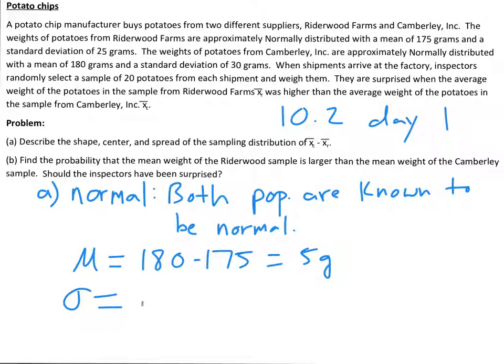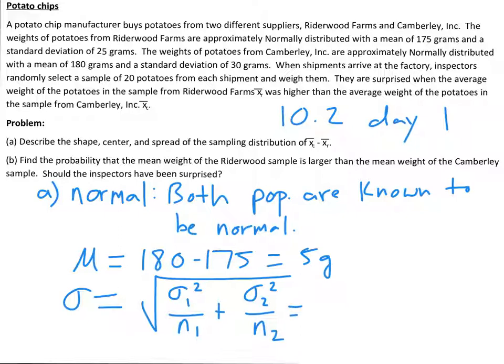New formula here for standard deviation. You have sigma 1 squared over sample size 1 plus sigma 2 squared over sample size 2. Both sample sizes are 20.